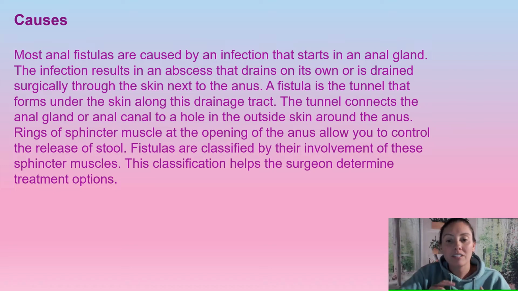So rings of sphincter muscles at the opening of the anus allow you to control your stool. This is what classifies the actual fistula. So the classification helps the surgeon determine the treatment options. Depending on where it is in the sphincter muscles is how they'll determine the treatment.